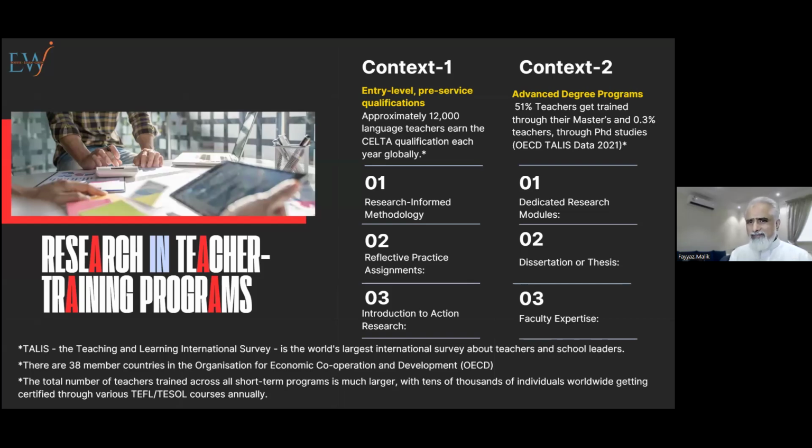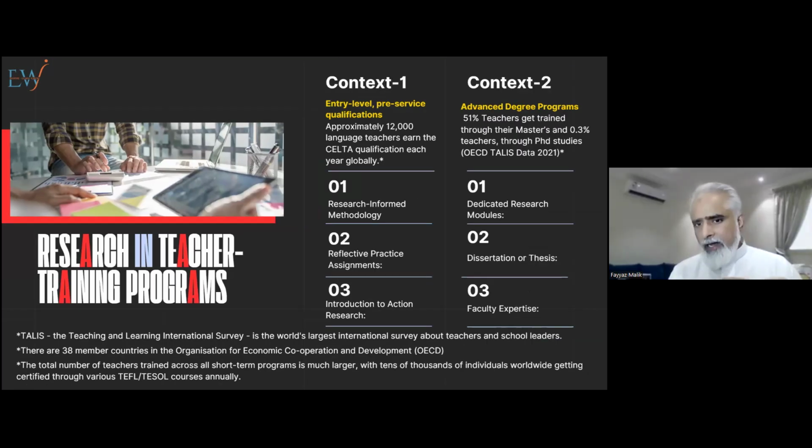Number two, a particular thing about this first context is that teachers' own reflection and their own personal reflection notes is considered enough autonomous practice in those short-term teaching programs. So, for example, after a post-observation meeting or pre-observation meeting, or looking at a teaching practice or a lesson plan, the teachers are told, okay, now write your reflection about that.